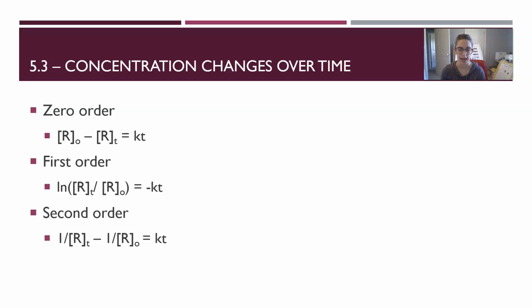A first order reaction is the natural log of the concentration at a certain time divided by the initial concentration equals the negative rate constant times time. And then a second order reaction is the inverse of our concentrations. So 1 divided by the concentration of a reactant at a certain time, minus 1 divided by the initial concentration of the reactant is equal to the rate constant times time.